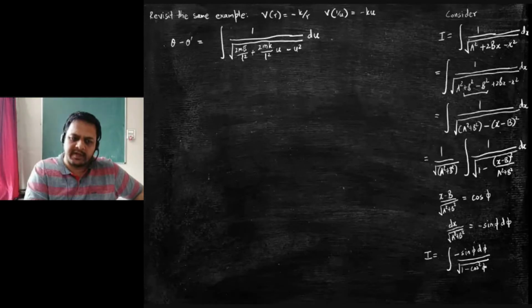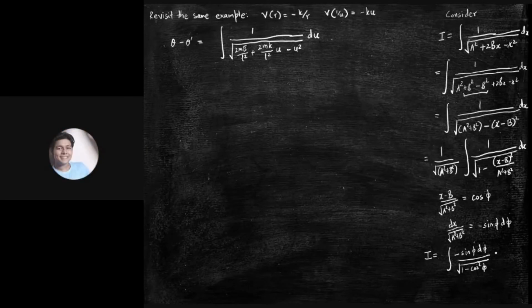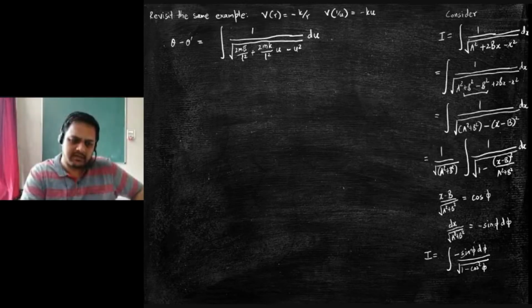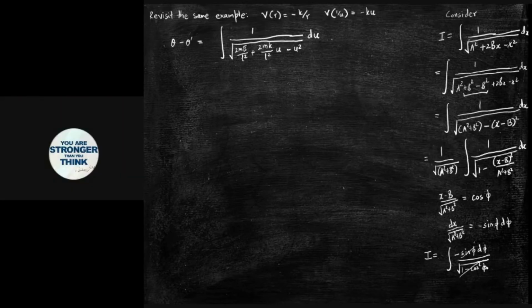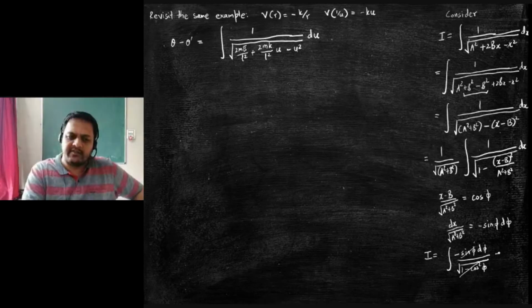What is 1 minus cos square phi? Sin square phi. Sin square phi, उसका स्क्वायर रूट क्या है? Sin phi. वही ऊपर भी है, तो दोनों कैंसिल हो जाएगा. Yes, sir. You get minus integral d phi, which is minus phi. ठीक है.